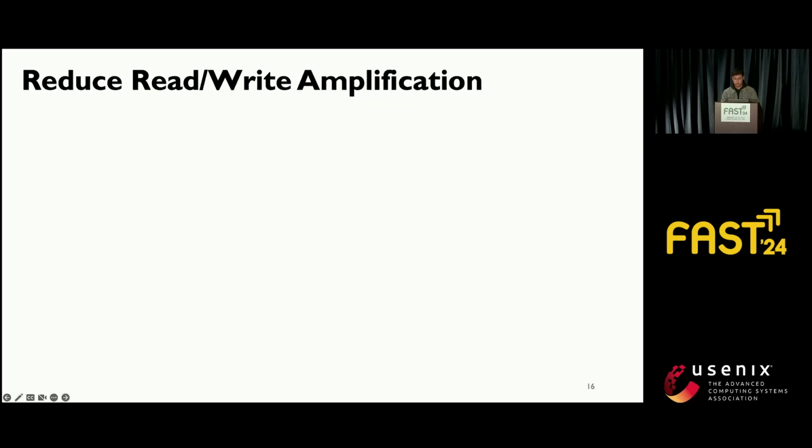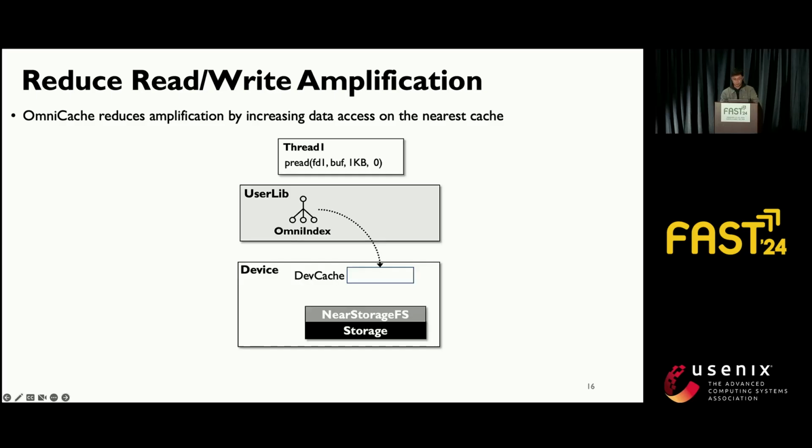Next, let me introduce how OmniCache can reduce the read-write amplification. OmniCache reduces amplification by increasing the data access on the nearest cache. So for example, thread 1 issues a P read to read 1 KB data.